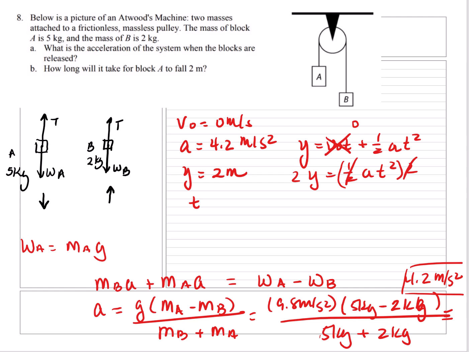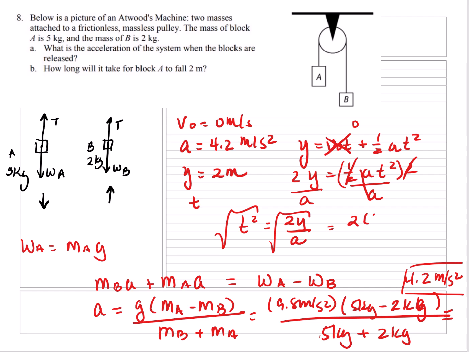The 2's cancel out with the half. I need to divide both sides by a. The a's cancel out, so we get t squared is equal to 2y over a. And then I need to take the square root.